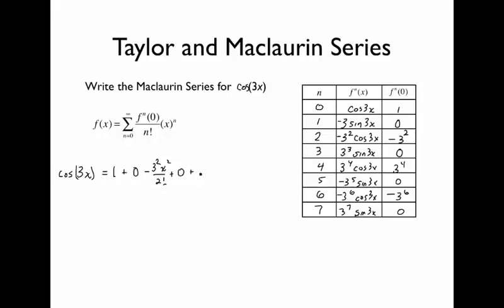And then plus 3 to the 4th, x to the 4th over, plus 0, minus 3 to the 6th, x to the 6th over, and so on.